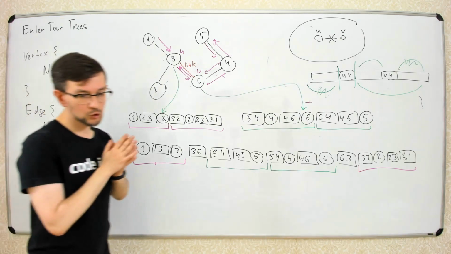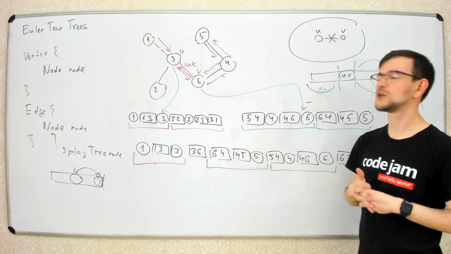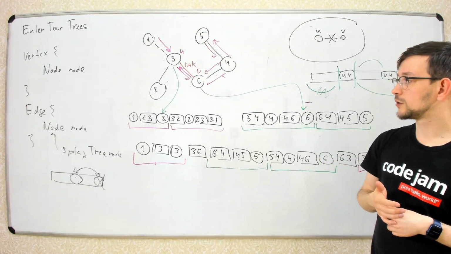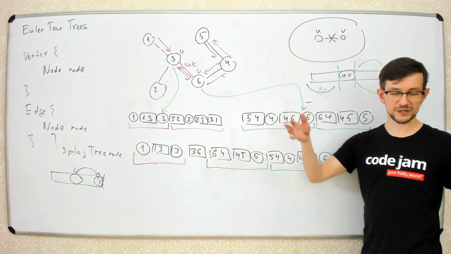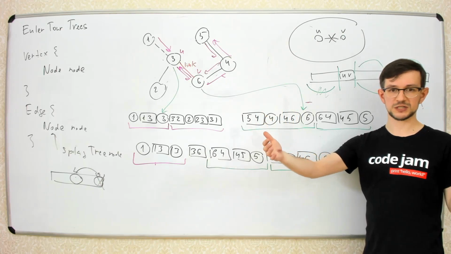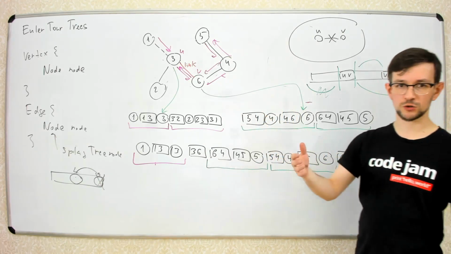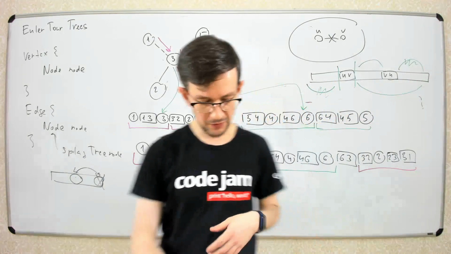Now, how to calculate the function? So that's how you make split, link and cut operations. How to calculate the value? Well, it's pretty simple. Since each of your trees is simply contained in a single Splay tree, when you need to calculate some function on a tree, you simply calculate this function using this Splay tree.